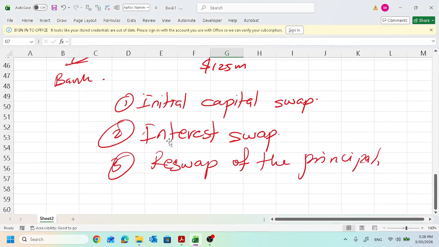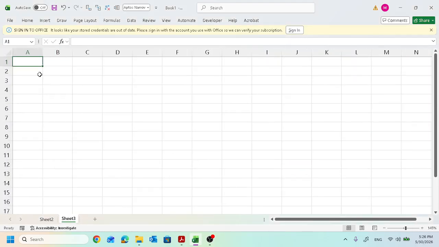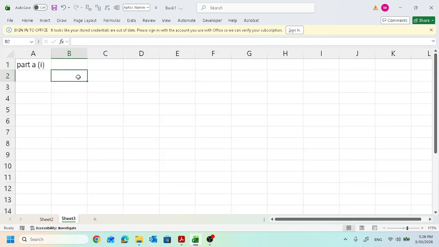Let me show you. Let's take a new sheet. Okay. Part A, first one. So we'll take both companies' names. One is B company, Buryecs company. The other one, let's say counterparty. Now you have a fixed rate borrowing and you have a variable rate borrowing. Take those two.